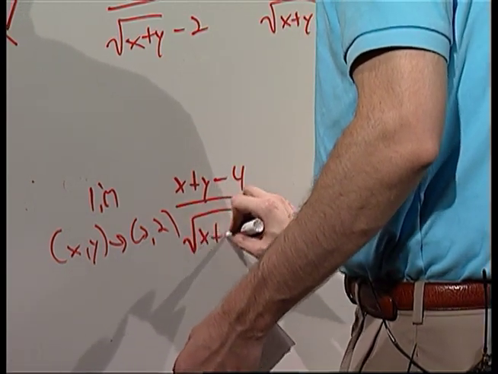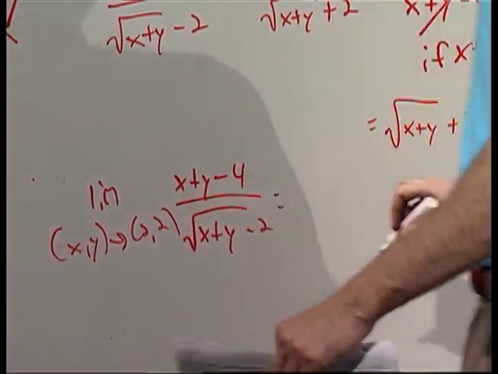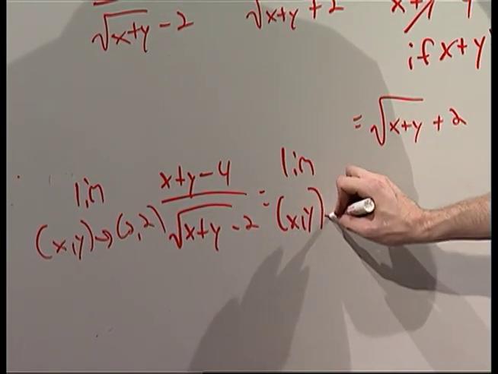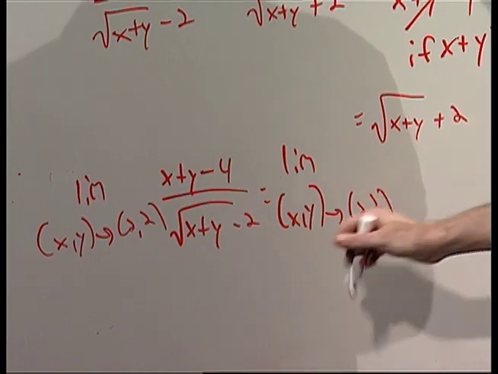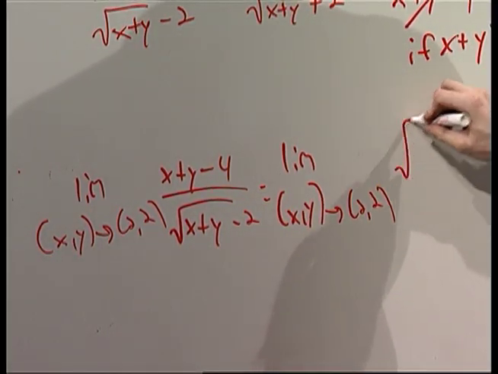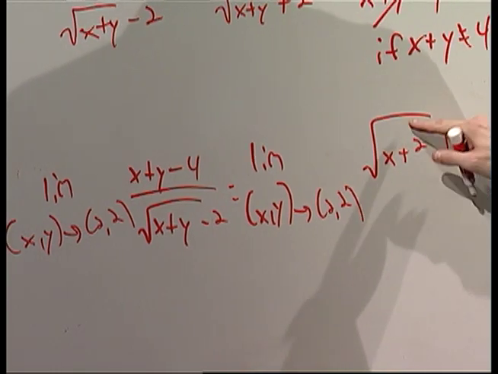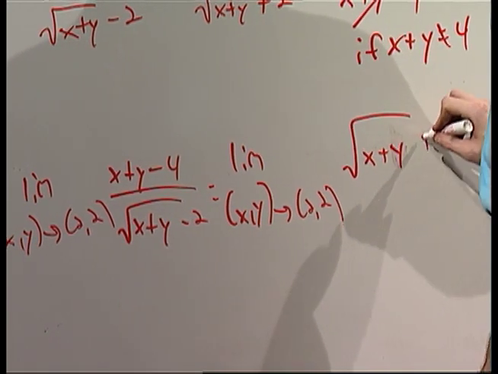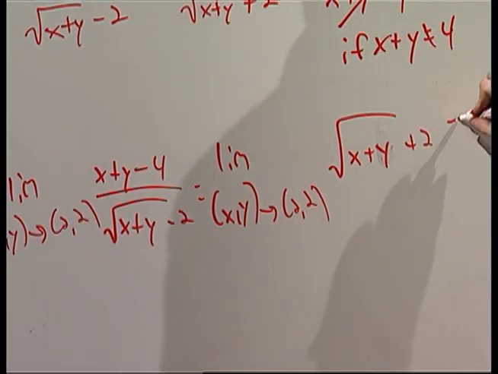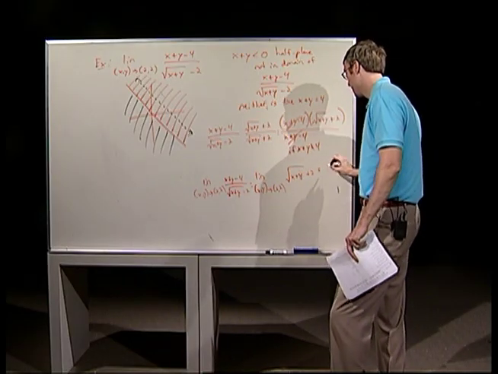So you have this equal to the limit as x, y goes to 2, 2 of the square root of x plus y, oops, excuse me, plus 2. And now I can just plug in, right? So you plug in here, get 4.